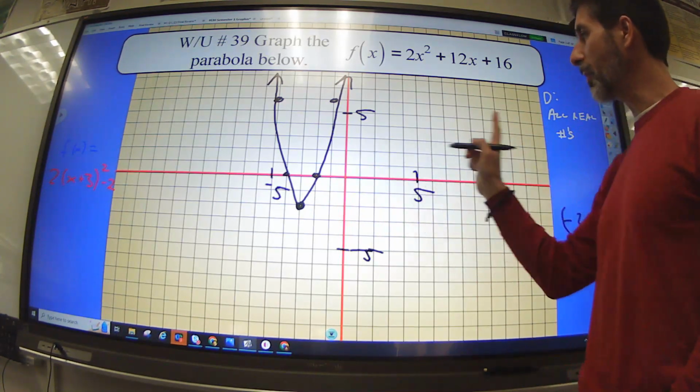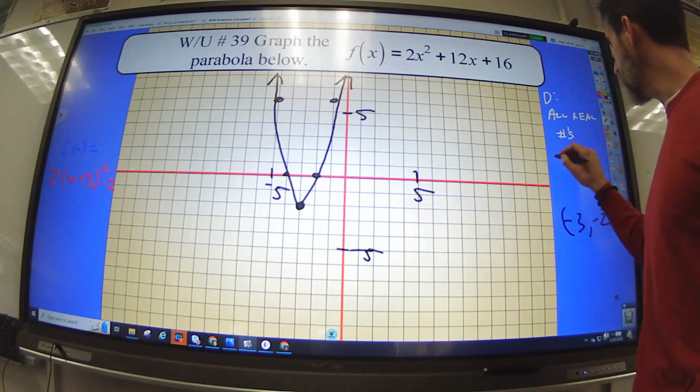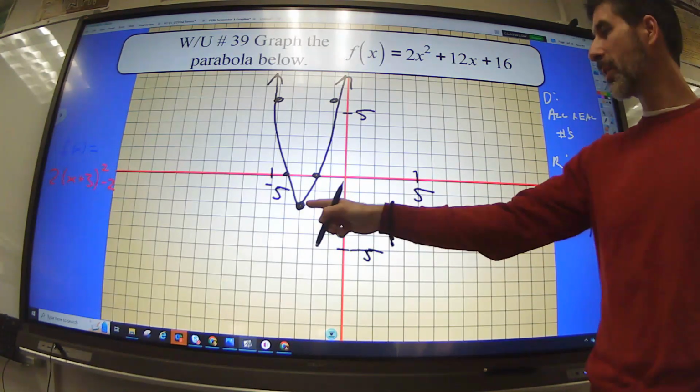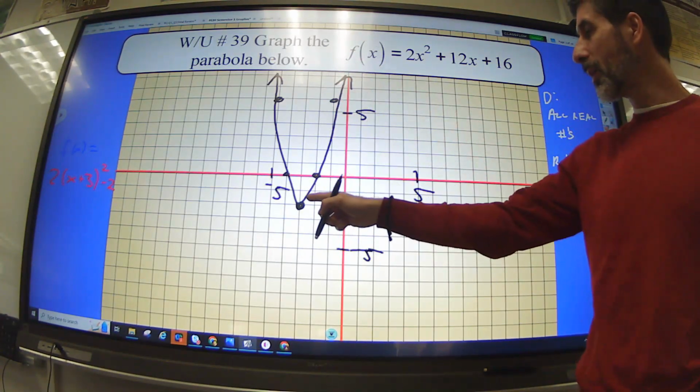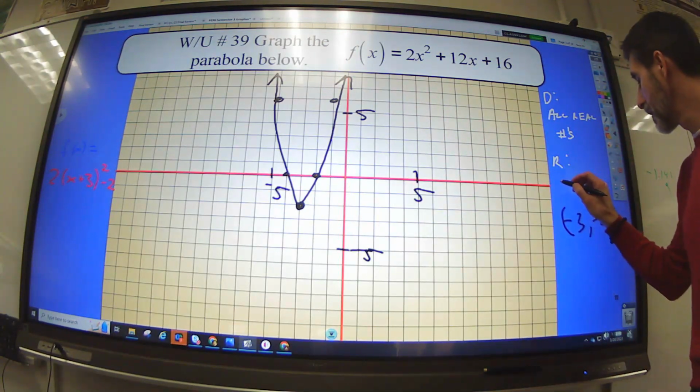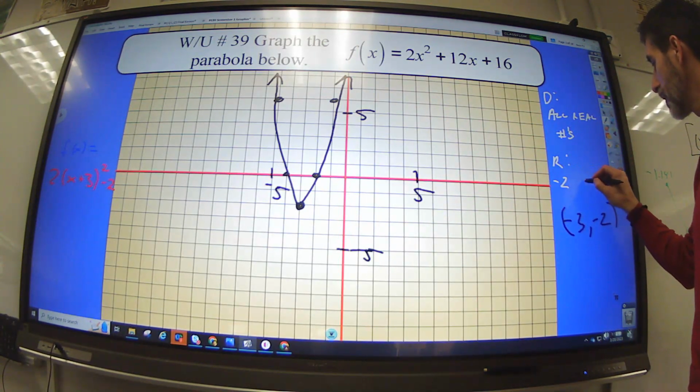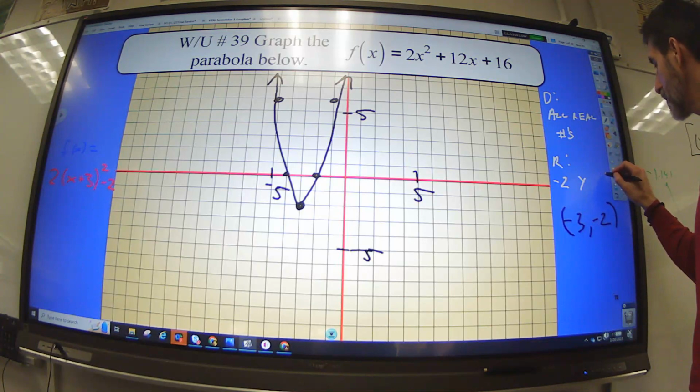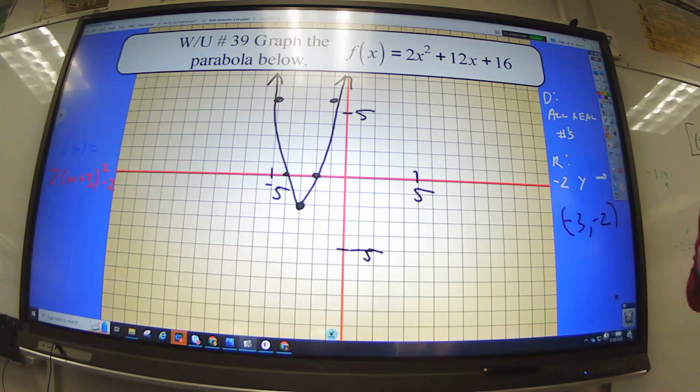It's going to go that way forever and that way forever. Now my range starts here and goes up. What number is that? Negative 2, y, all the way to forever up, which is infinity. And there's your first graphing.